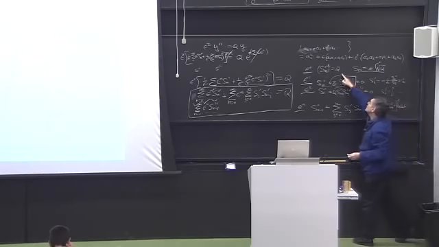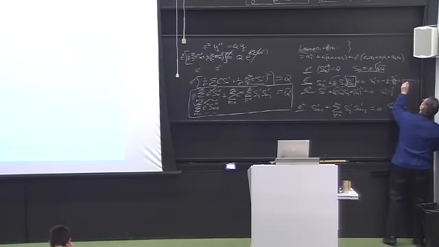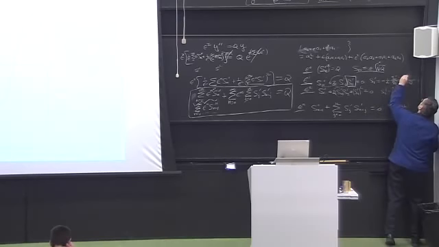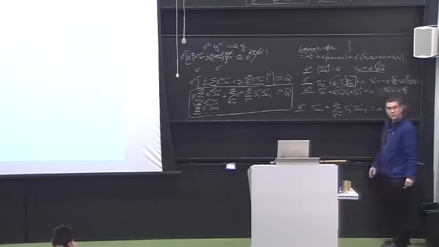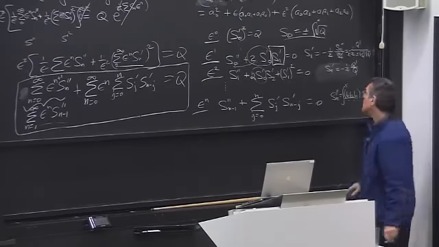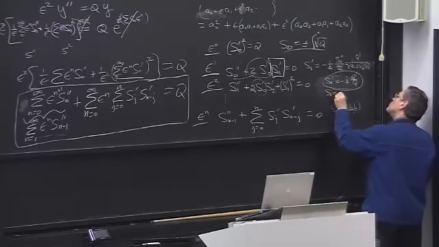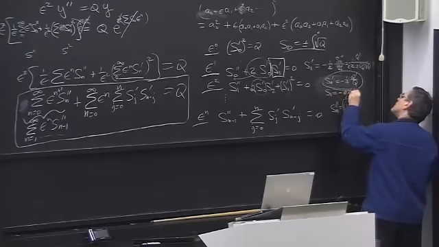From here, S naught prime is plus or minus the square root of q. And what would S naught prime prime be? It would be q prime over 2, again, times the square root of q. So S1 prime is equal to minus 1/4 q prime over q. Okay? And so S1 is equal to minus 1/4 log of q.